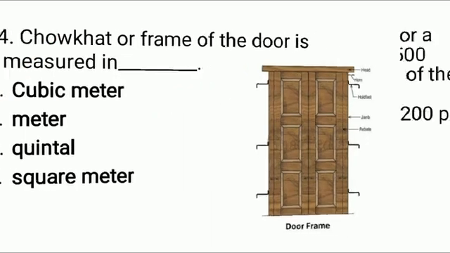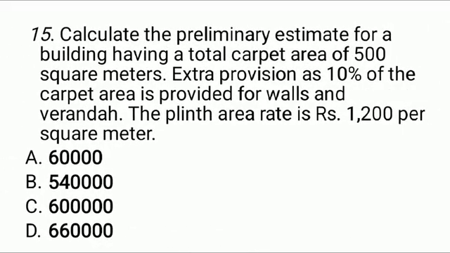Next question, calculate the preliminary estimate for a building having a total carpet area of 500 square meters. Extra provision as 10% of the carpet area is provided for walls and veranda. The plinth area rate is 1200 per square meter. Okay. So how much will it be?